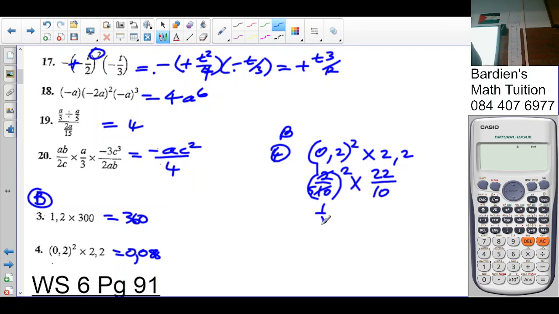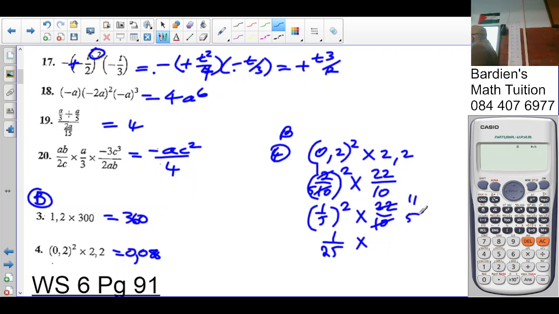So it's 1 over 5 squared times 22 over 10. Now 1 squared is 1, 5 squared is 25. 2 goes into 22 11 times, 2 goes into 10 5 times. So this times 11 over 5. Nothing else can cancel, so that will be 11 over 125. 25 times 5 is 125.